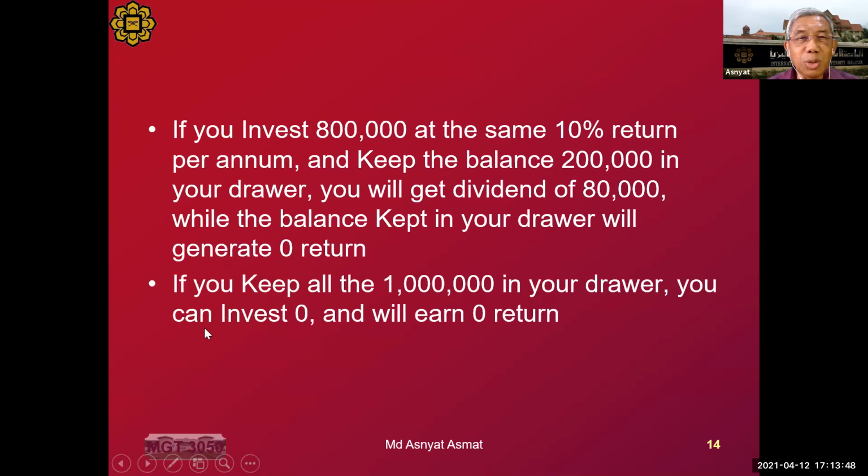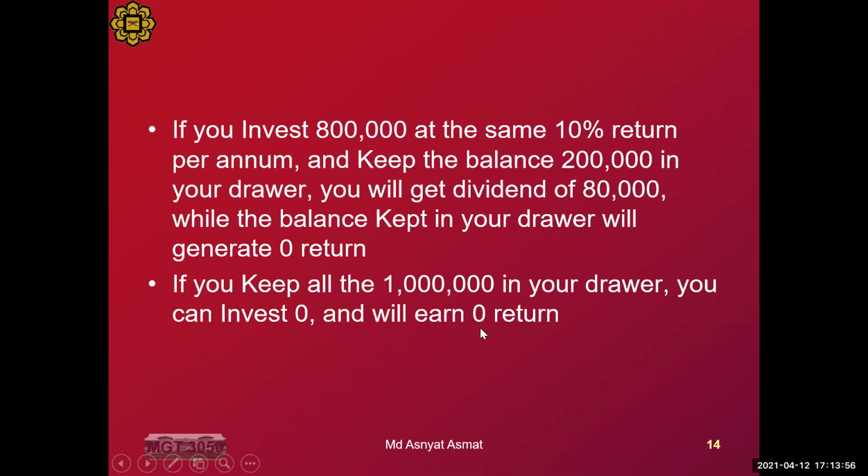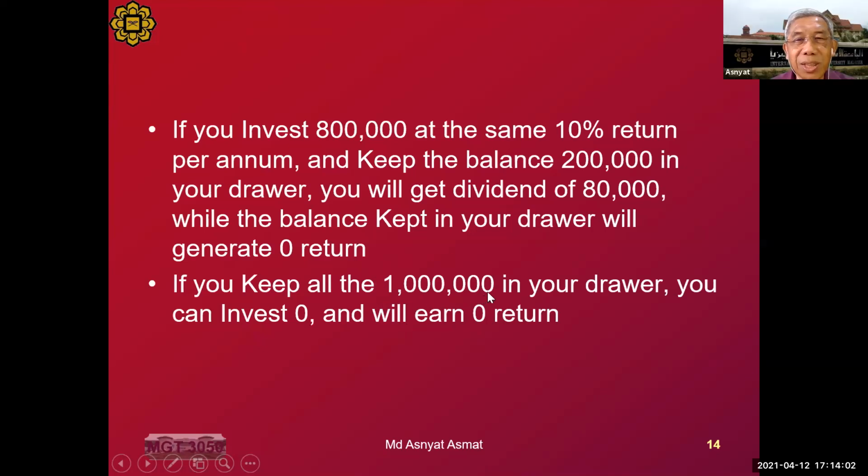Okay. Then you keep all the 1 million in your drawer. So you invest nothing. What do you get? Nothing, right? So you keep all. That means this 1 million is doing nothing. You have the 1 million resources, but you don't make use of it. It generates nothing, 0 return.